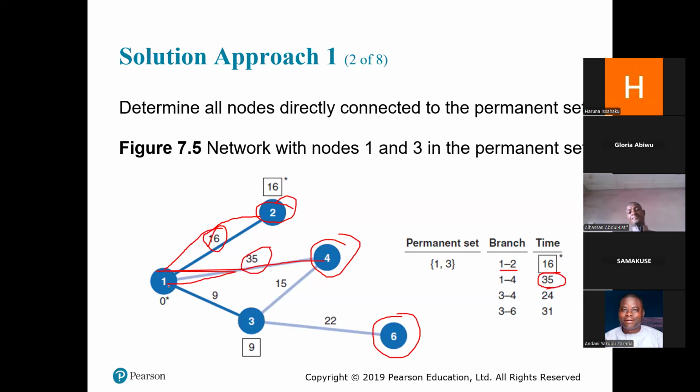Another branch that is directly connected to the permanent set is 3 to 4. 3 to 4, you see that it is 24. Why? Because it will be 9 plus 15. That will give you 24.